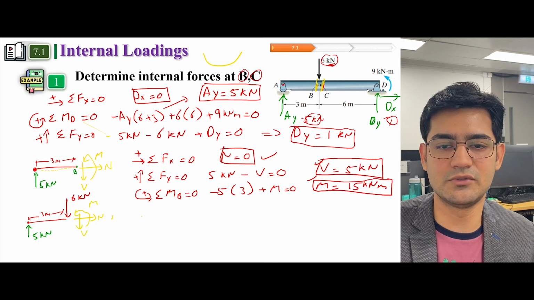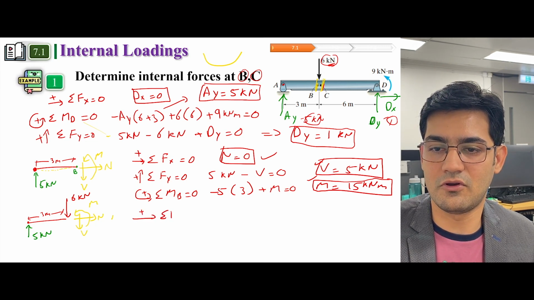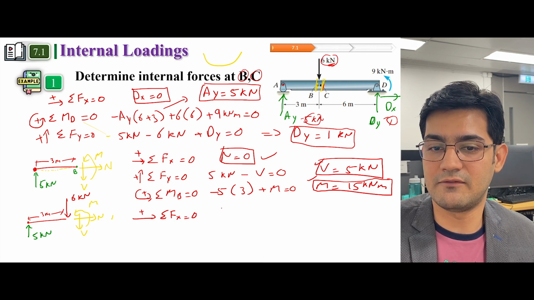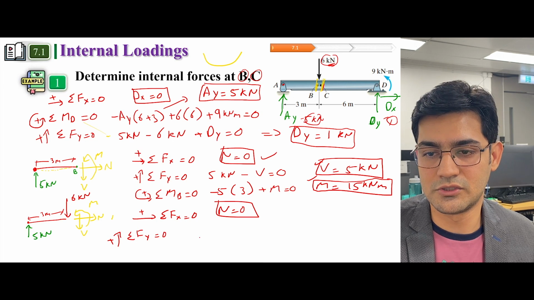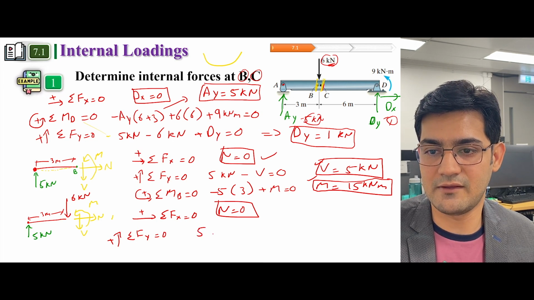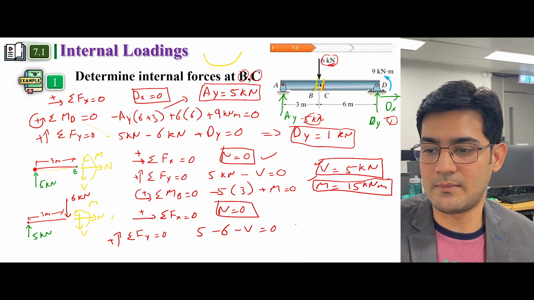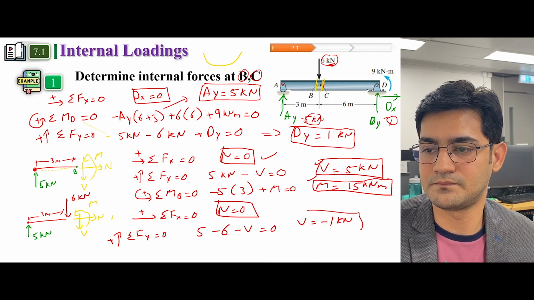Now again we can do the same thing. We can apply summation of all the forces equal to 0, and that would automatically give us N equal to 0. And if we do summation of all the forces on y equal to 0, you can see it's 5 minus 6 minus V equal to 0. So you will come out with shear equal to negative 1 kilonewton.